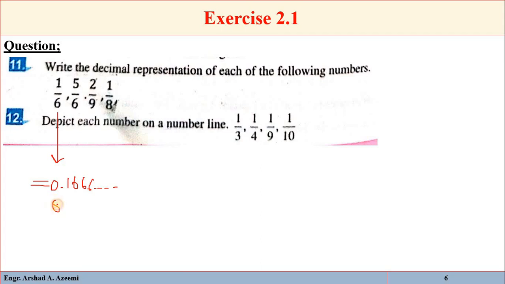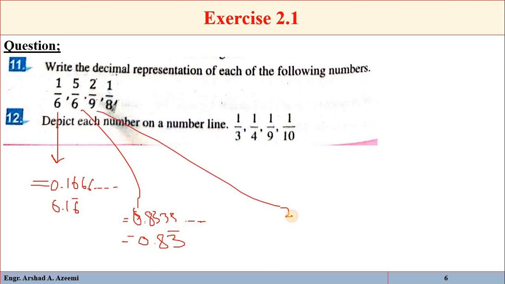Also you can write it as 0.16 with a bar, which means that 6 is repeating. 5 by 6 will be equal to 0.8333 and so on. Again, that is a recurring number, so you can write it as 0.83 bar, where 3 is repeating.